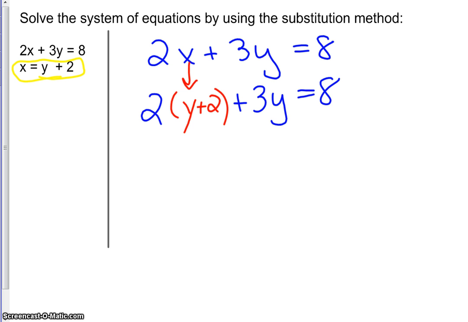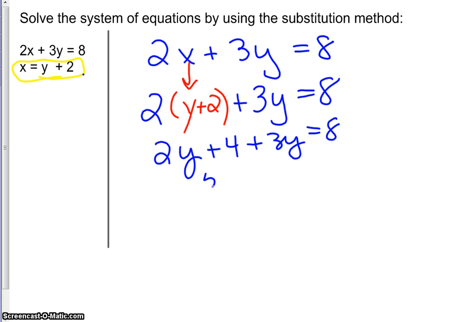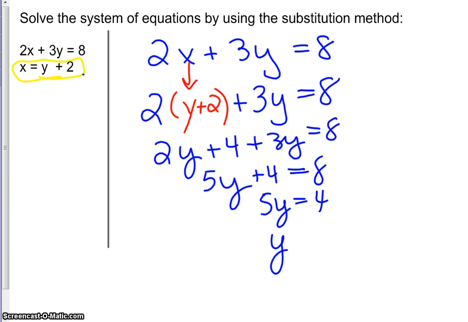Because that statement I circled in yellow tells us that x is the same thing as y plus 2. Now we just simplify: 2y plus 4 plus 3y equals 8. Therefore, 5y plus 4 equals 8. 5y equals 4, so y must equal 4/5.